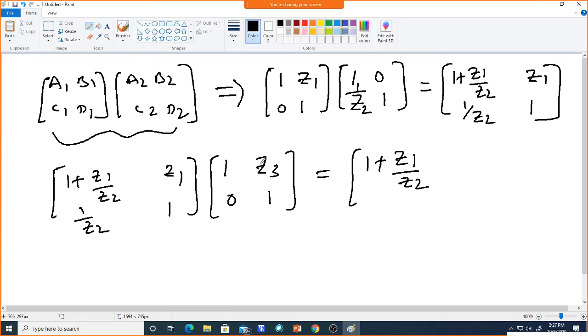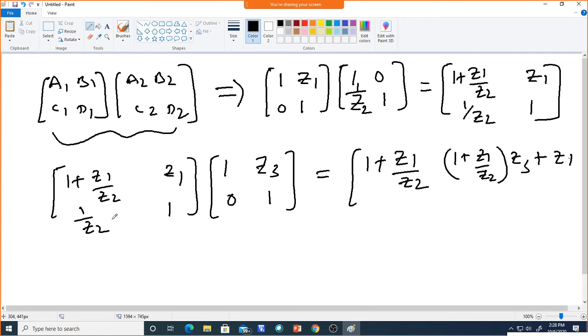So now this into this, so multiply 1 plus Z1 by Z2 into Z3, plus Z1 into 1. Sorry, Z1 into 0. So this one: 1 into Z1 plus 1 plus Z1 by Z2 into 1. This is 0. Again 1 plus Z1 by Z2 into Z3 plus Z1. So it was correct. It is plus Z1.